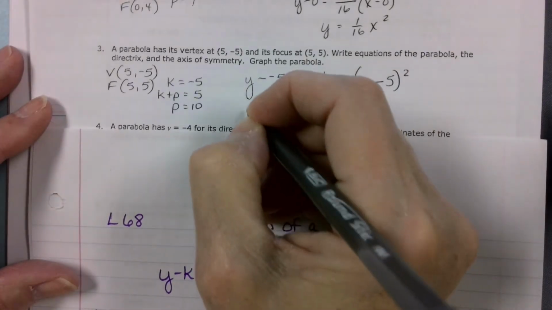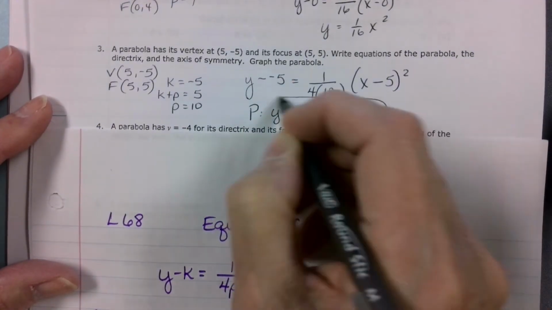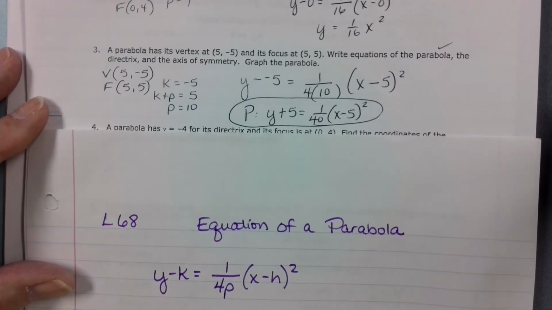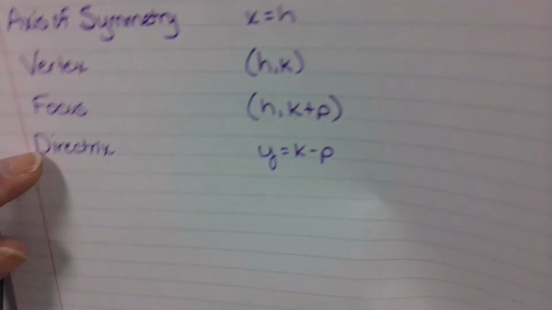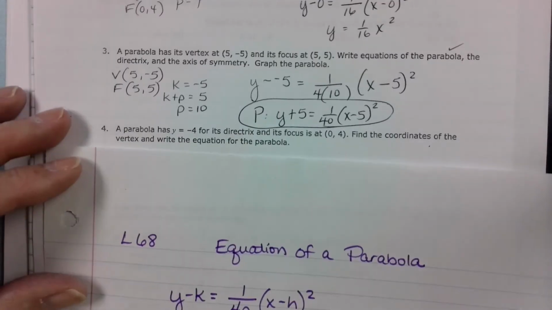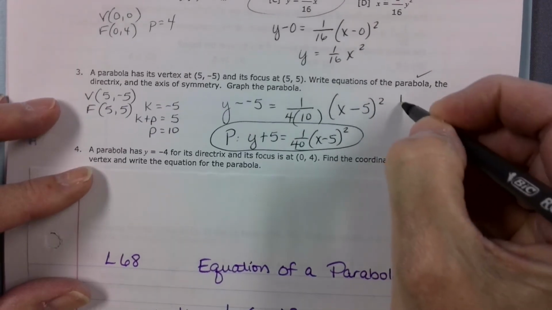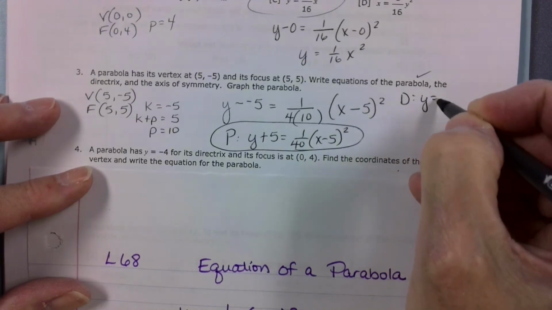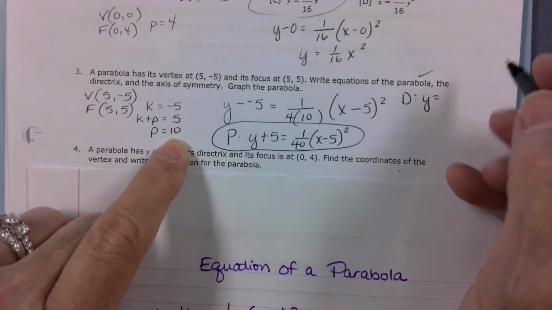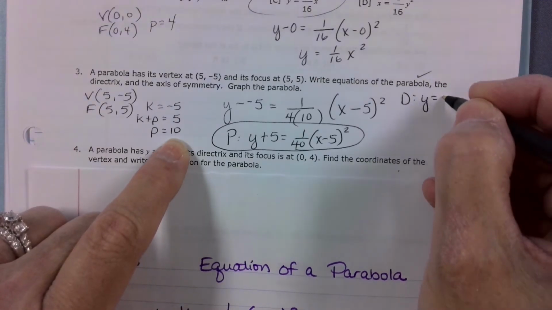Okay, so this is my parabola. I'll put a p there, because we've got several things to get here. The directrix is the equation y equals k minus p. So for the directrix, it's going to be y equals k minus p. Negative 5 minus 10, so negative 15.